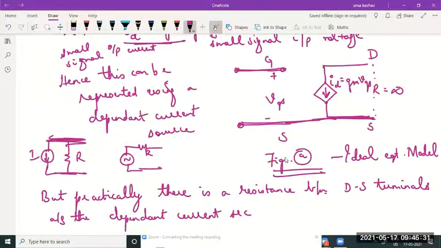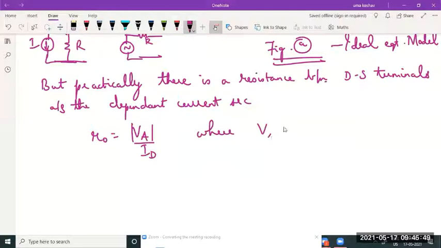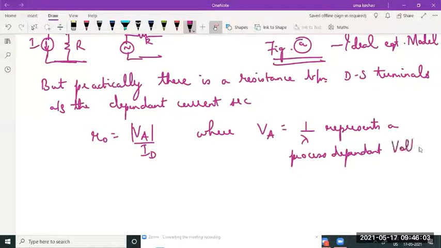But in a practical current source, okay, the resistance R0, which is defined as VA by ID, where VA is 1 by lambda, represents a process dependent voltage.